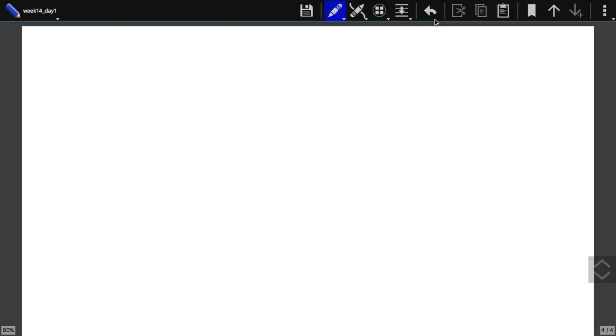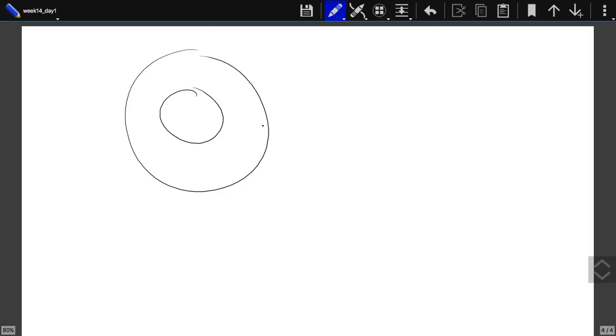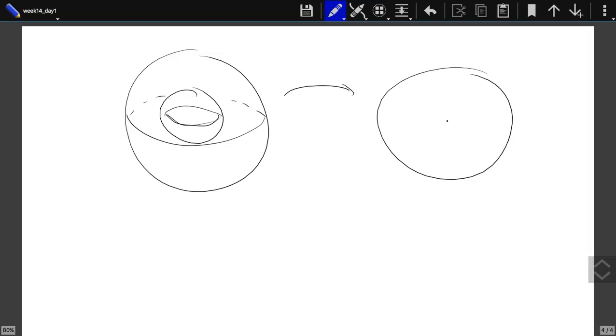Well, let's do one more example and then you can go for a break. Let's take this spherical conductor. Just if you take the cross section, this is what you get.